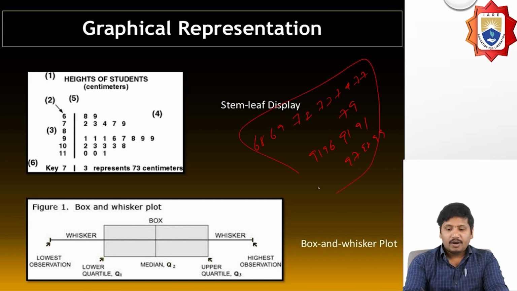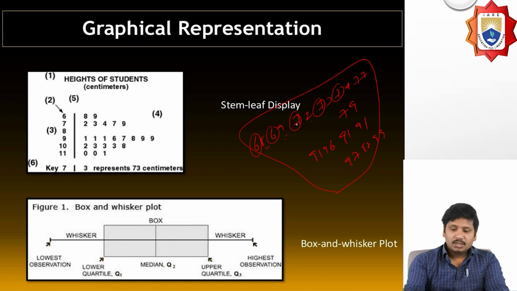If you have data like this, the stem and leaf display works like this: the tens digit is considered as the stem, and the next digit is treated as the leaf. Here, 6 is the stem, and the leaves of 6 are 8 and 9.